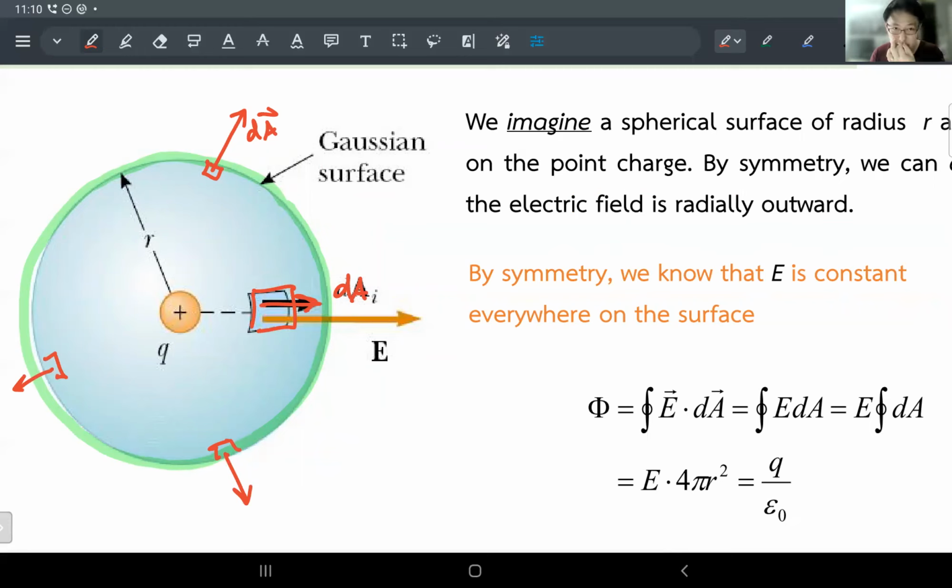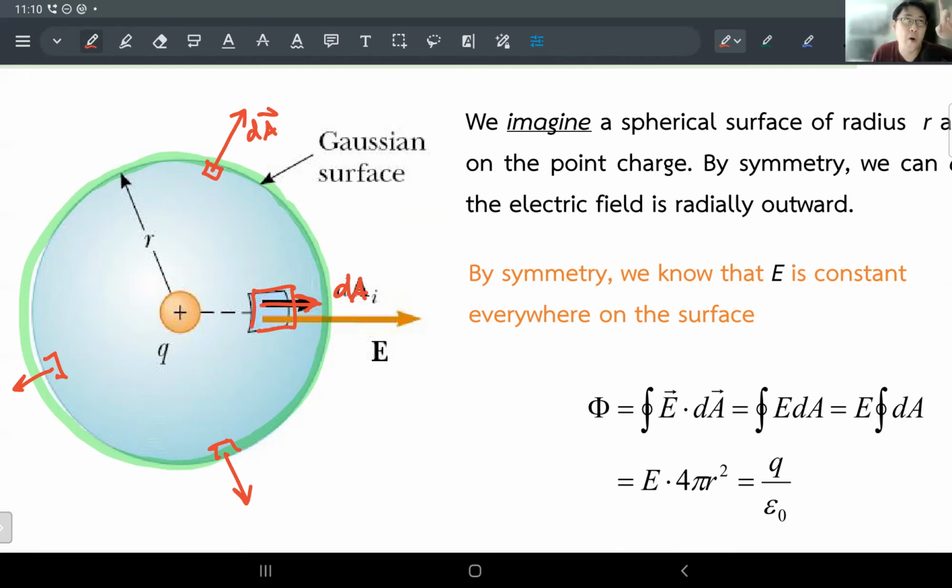Now, second thing is, what about the direction of the electric field? So don't forget, we don't have to use Coulomb's law. We're only going to use just the symmetry arguments. Think again. If you have a charge that's generating the field, but right now you are the only charge in this whole universe, you don't know what's up, what's down, what's left, what's right. So the electric field shouldn't have any bias against any direction in particular. Does that make sense?